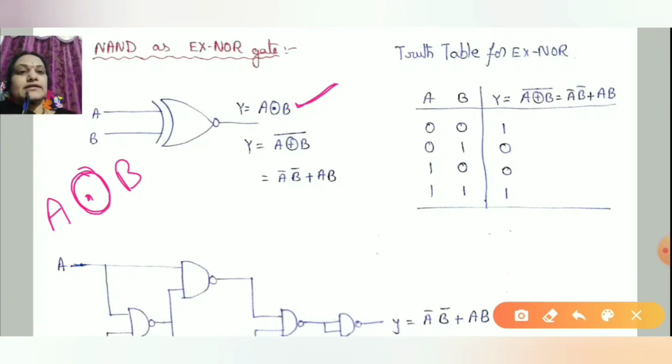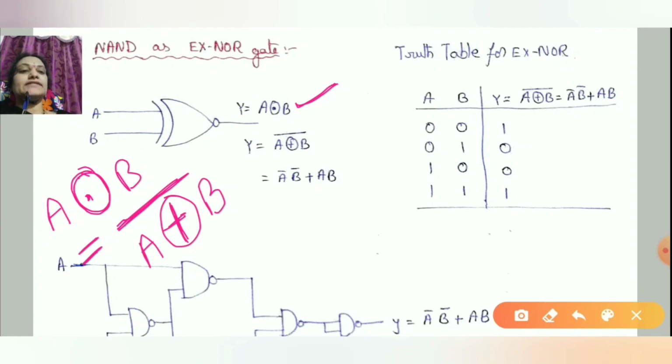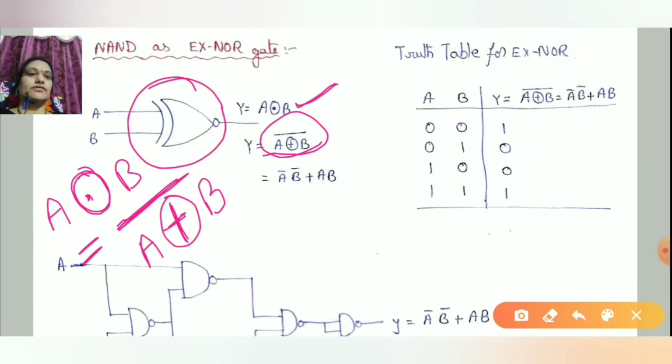And this expression is equals to the whole complement of A XOR B. That is why it is called as XNOR. Okay. The whole complement of A XOR B. So now you have to bring this expression without using the XNOR gate.